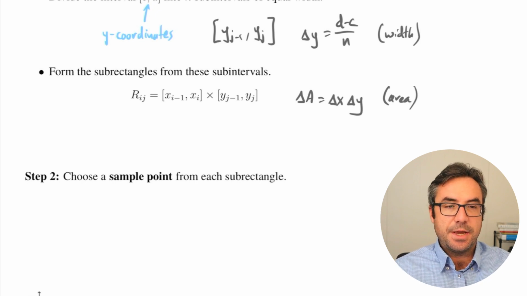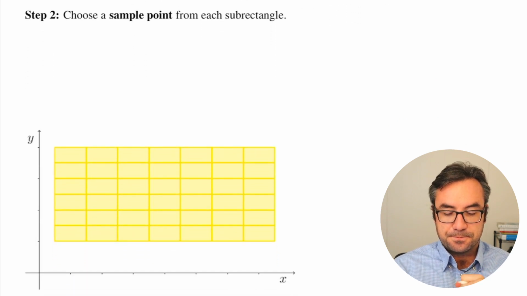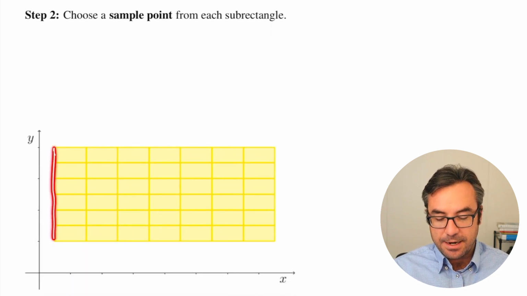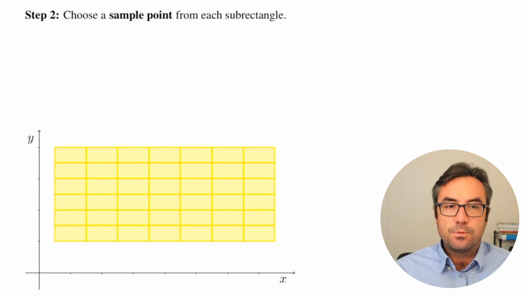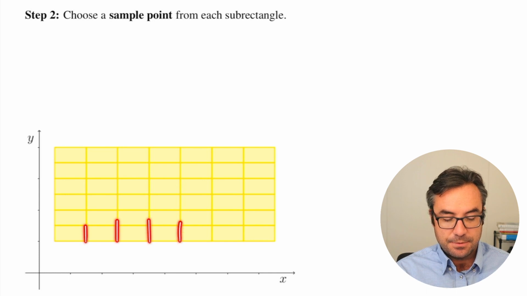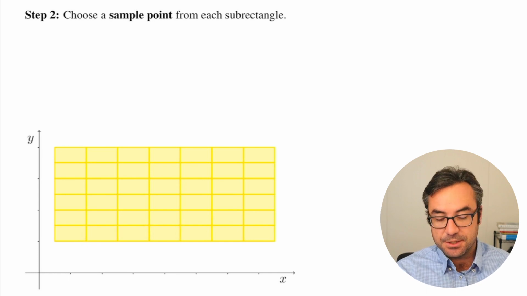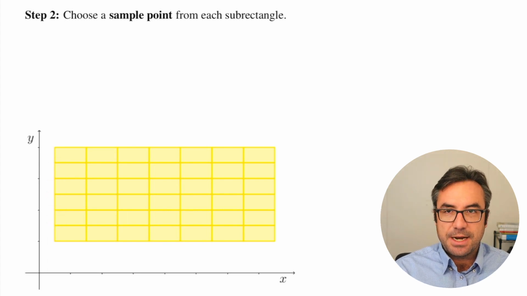So let's get a picture of what this looks like. So here's our rectangle, our entire rectangle R. And what we're going to do is slice up the x direction into a bunch of tiny little pieces. We're going to slice up the interval in the y direction into a bunch of tiny little pieces.